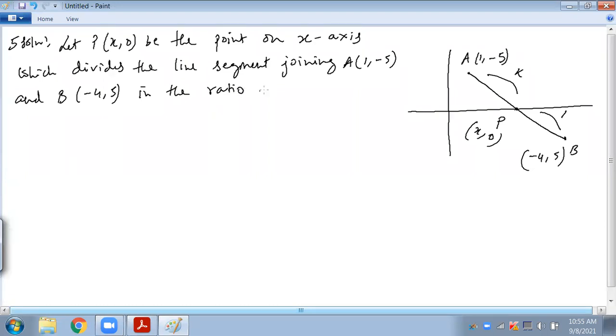Since you're asked to find the ratio, we'll take the ratio as k is to 1.